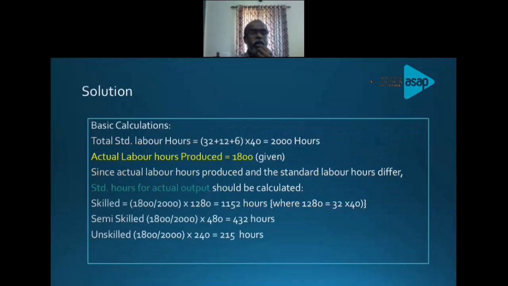Okay, here the standard hours for actual output is modified into 1152, 432, and 216, because there is a difference between the standard output and the actual output. So it is being modified.